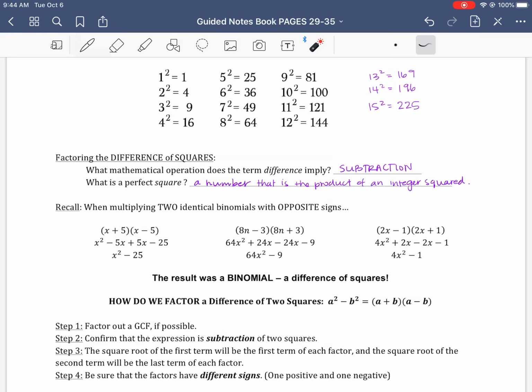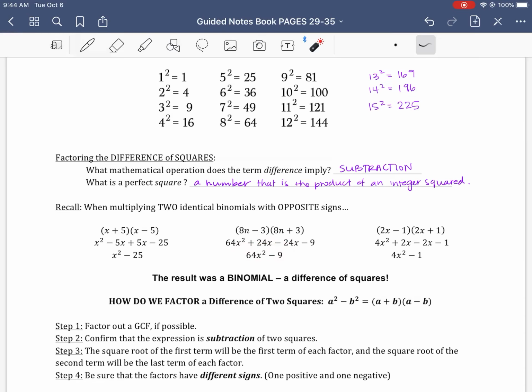We noticed that every time these binomials were identical looking but with opposite signs, it made those middle terms add to 0 or cancel out. So we ended up with a binomial. This is the only time we ended up with a binomial instead of 3 terms after we FOILed.